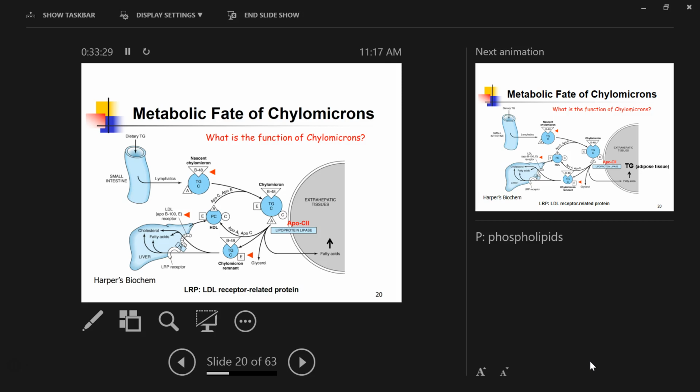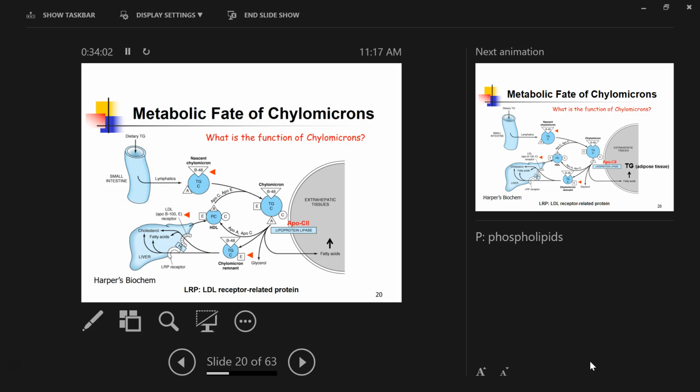And these fatty acids then are taken up into the fat tissue for storage. And once the triglyceride is released from chylomicron, the chylomicron becomes chylomicron remnant. If you compare the volume of the core in chylomicron remnant to mature chylomicron, you see much less triglyceride left in the chylomicron remnant.